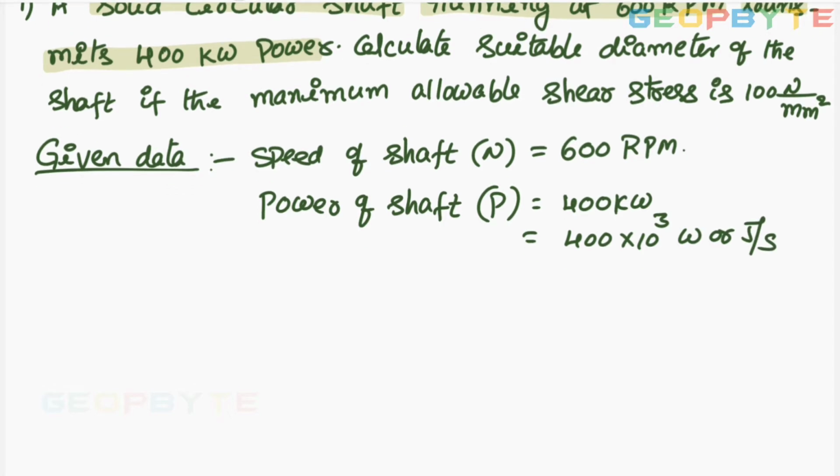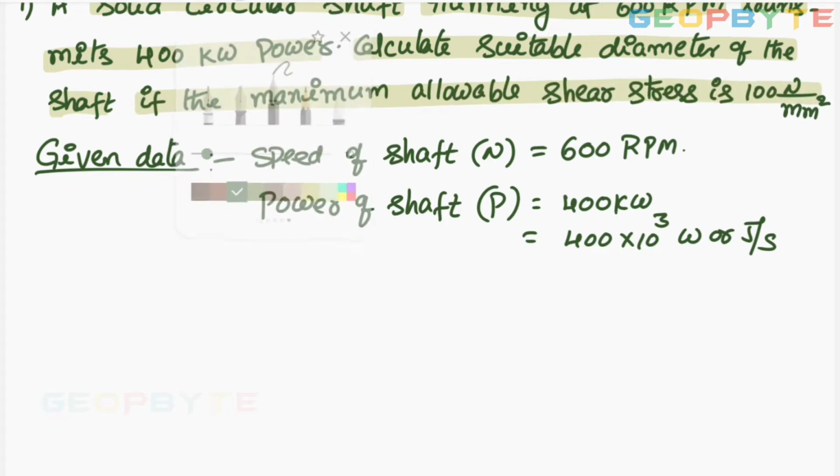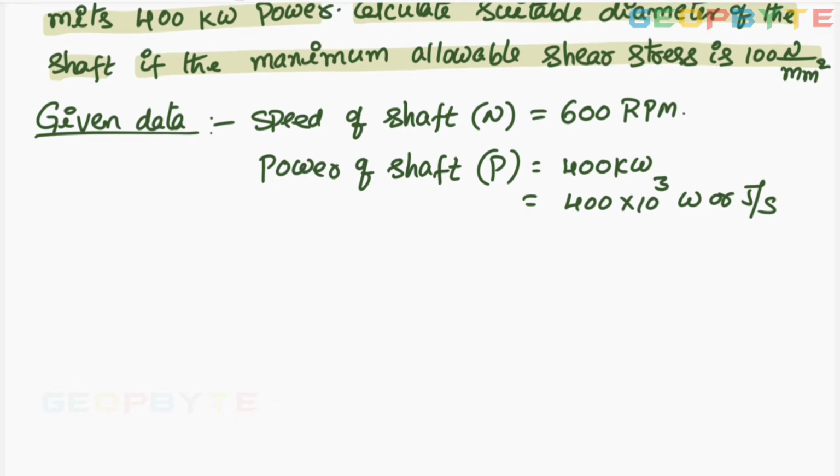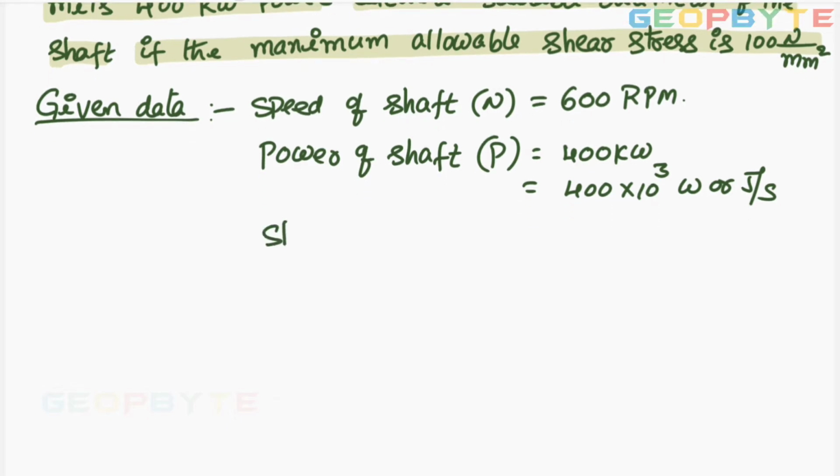Calculate the suitable diameter of the shaft if the maximum allowable shear stress is 100 Newton per mm square. Here the shear stress developed in the shaft material, tau, is equal to 100 Newton per millimeter square.